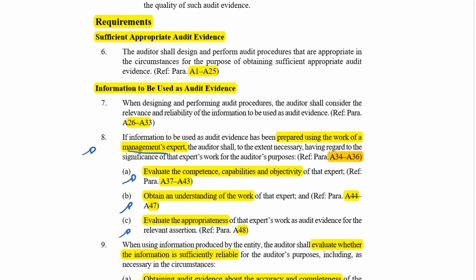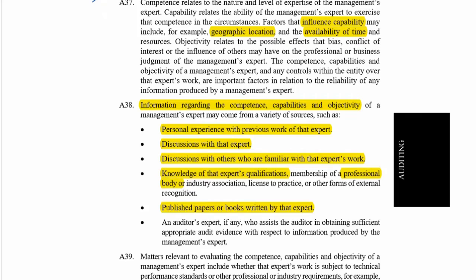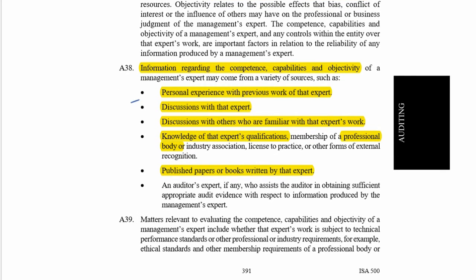So guys, we'll go to these A paragraphs to add procedures to test the management expert substantively. In order to test competence, capabilities, and objectivity, we are going to consider personal experience, discussions with the expert, knowledge of their qualifications, or any published books.